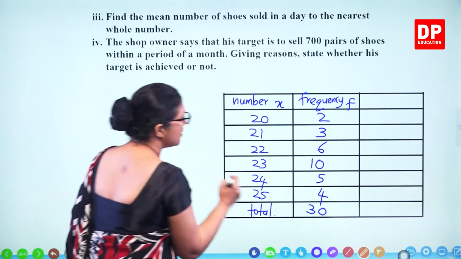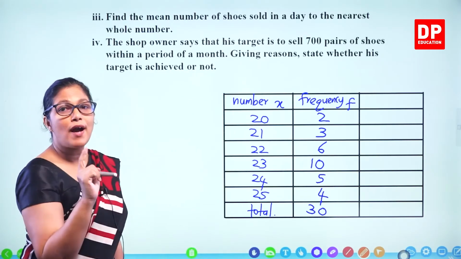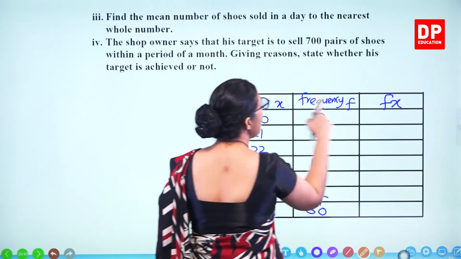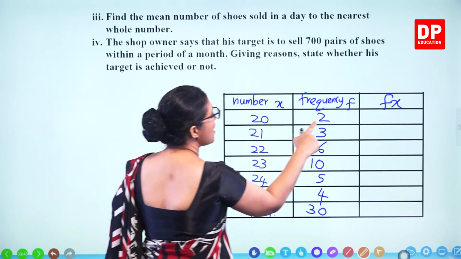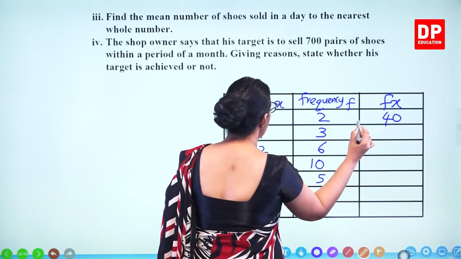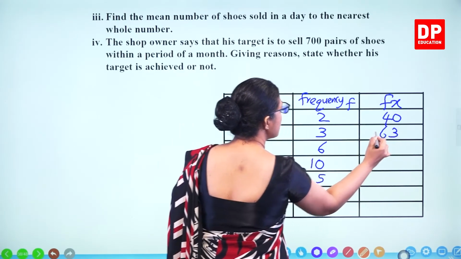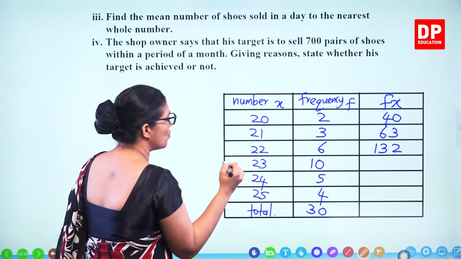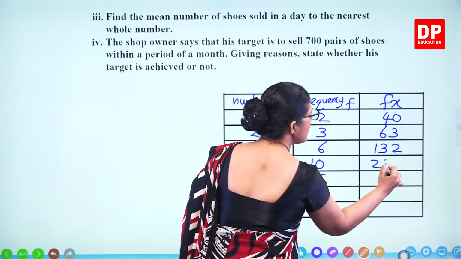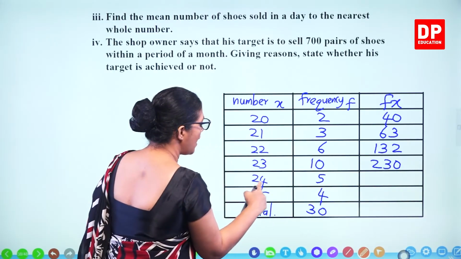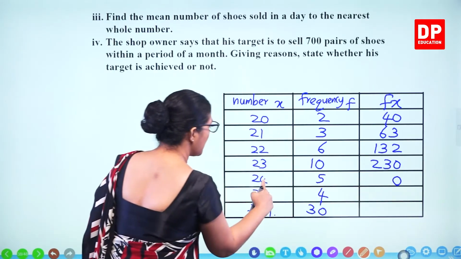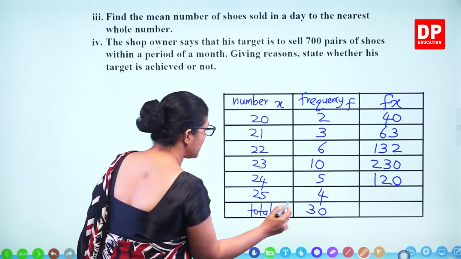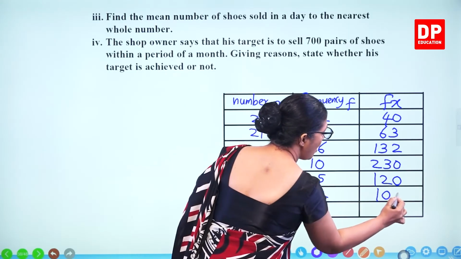30. 30 is there. Now, how we find out the mean? You need the fx column. Multiply f and x. 20 times 2, 40. 21 times 3, 63. 6 times 22, 132. 23 times 10, 230. 24 times 5, 120. 25 times 4, 100.